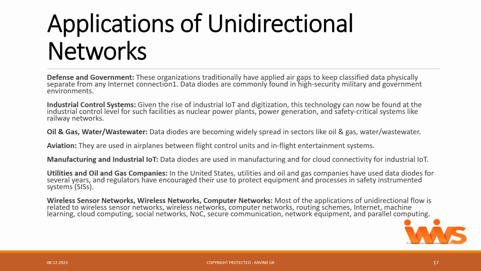Take defense, where you have missiles going up and a lot of secured communication happening. Even in the defense manufacturing setups, this would be good equipment to think about using. Then industrial control: a lot of industries have equipment like SCADA and PLCs, and all that data can be secured because it's only one way.